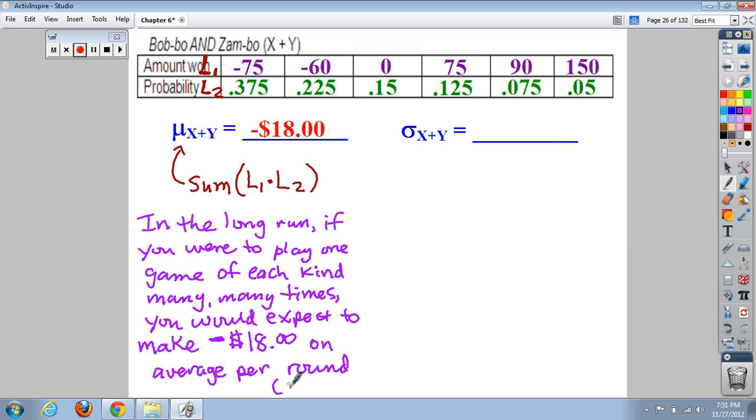And by round, I mean one game of Babbo and one game of Zambo.